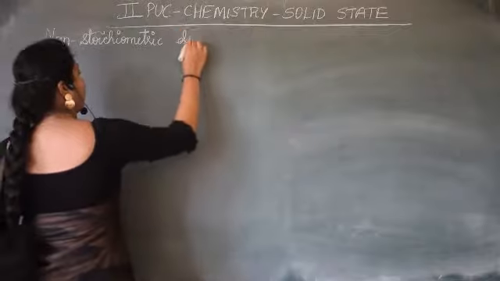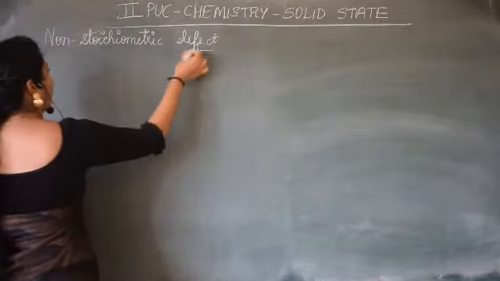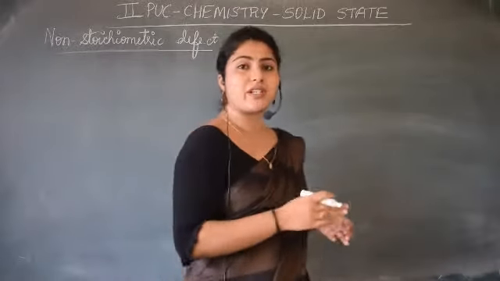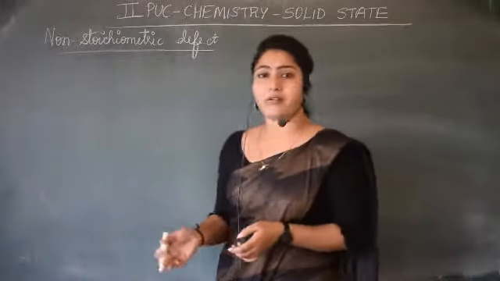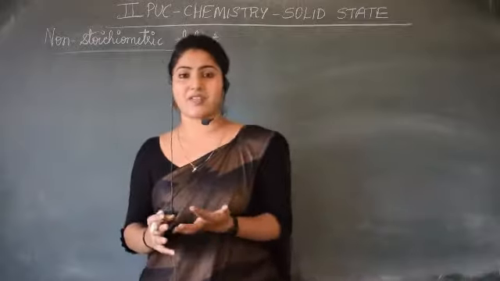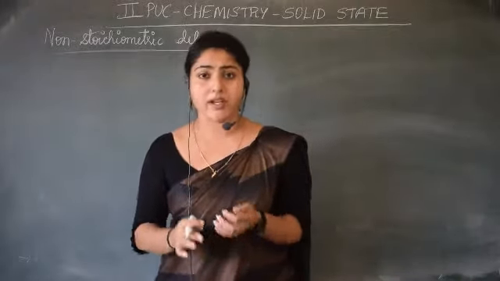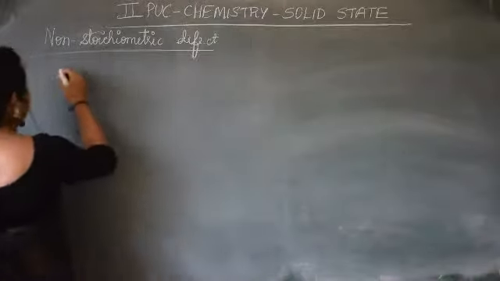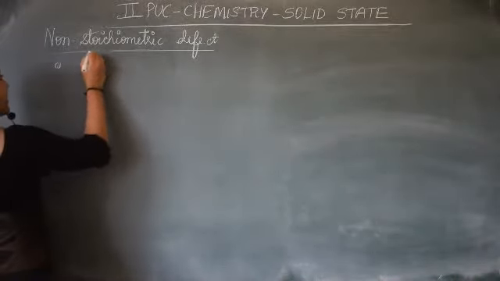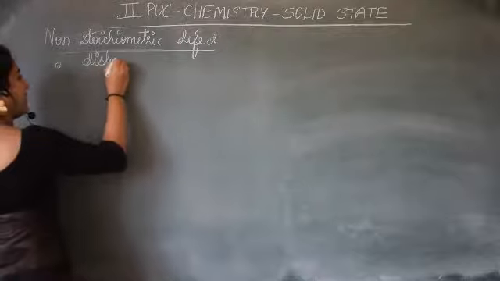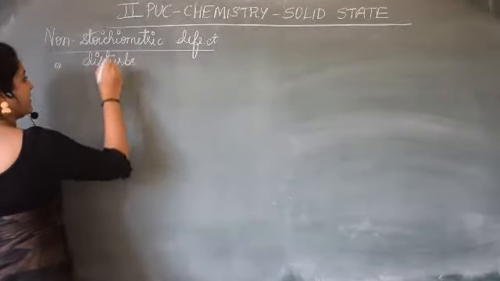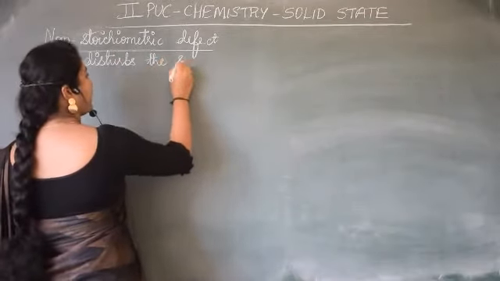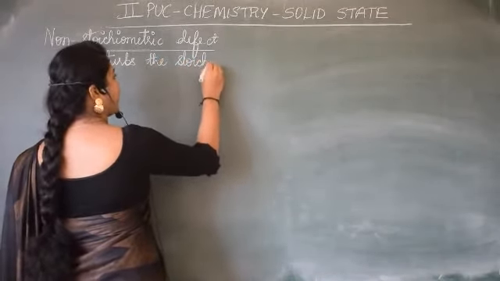Non-stoichiometric defects are those defects which affect the stoichiometry of the solid, that is, crystalline solids. Stoichiometry will be disturbed. So in general, non-stoichiometric defects are the defects which disturb the stoichiometry of solids.